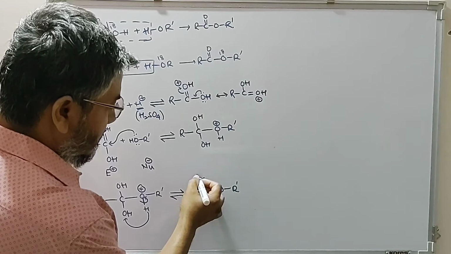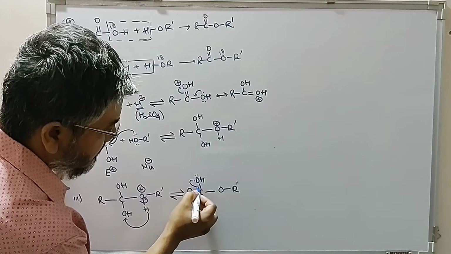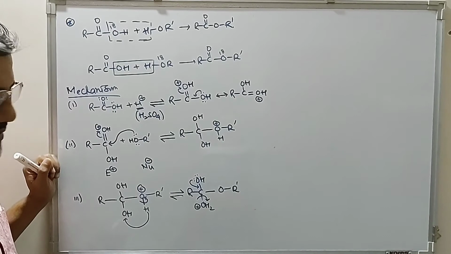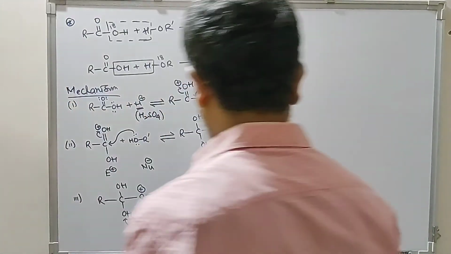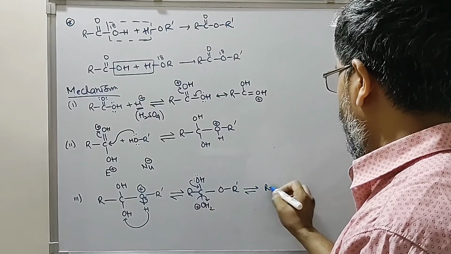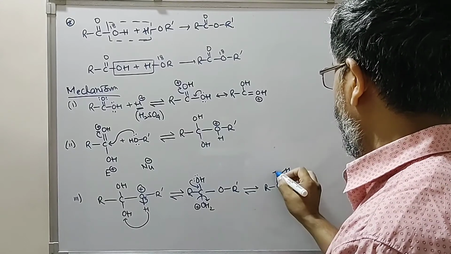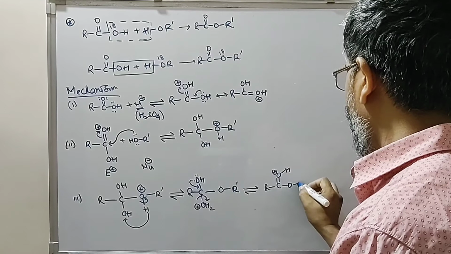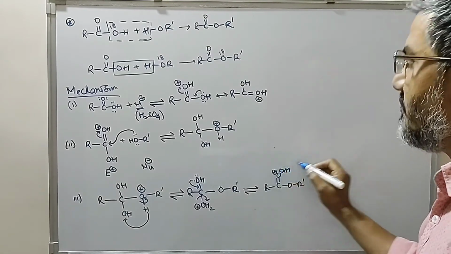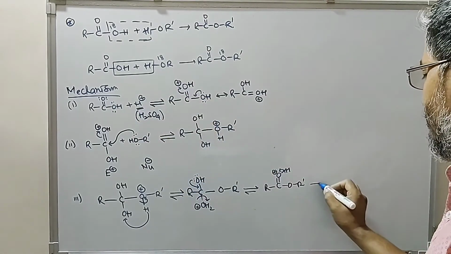And finally, this oxygen containing two lone pairs of electrons, an electron is transferred between carbon and oxygen, and this withdraws and leaves the system with electron. When this gives you RC O R prime, and finally this releases the H plus ion which was furnished by, that is, this H plus ion is acting as a catalyst.